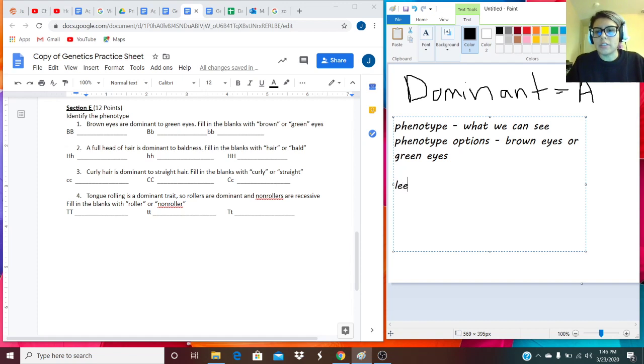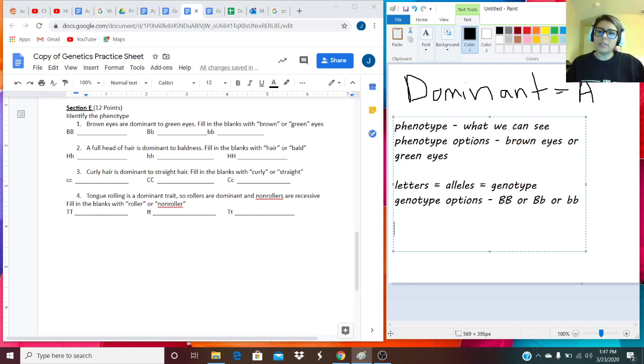Remember, the letters are your alleles, and the alleles represent the genotype. Again, if you read the critical reading, this shouldn't be anything new. So what are our genotype options? It's either going to be BB, which we see, capital B, little b, and also little b, little b. All right, so far so good.